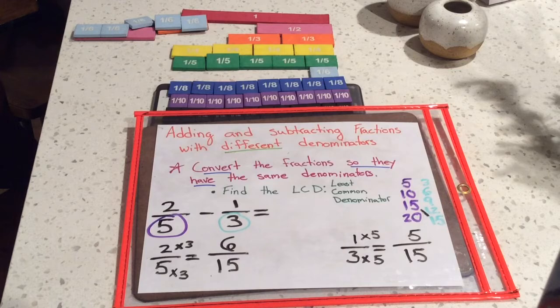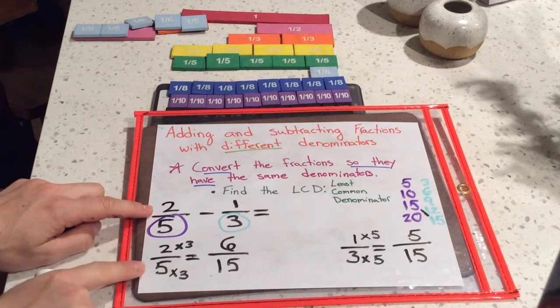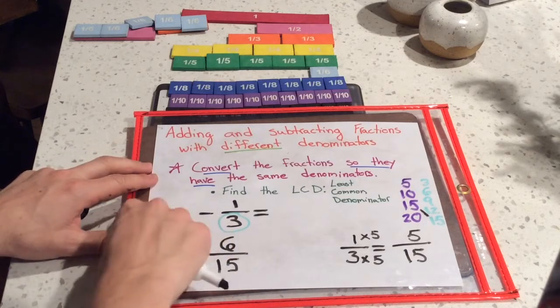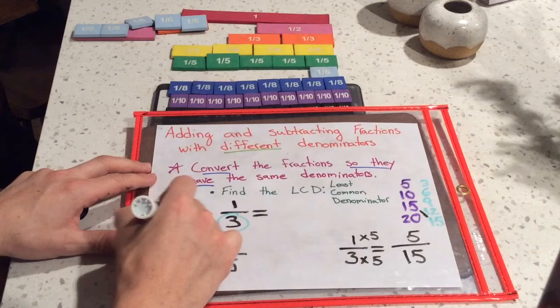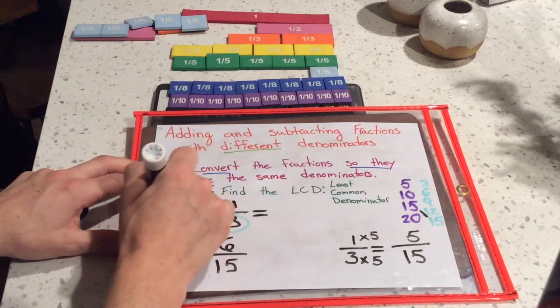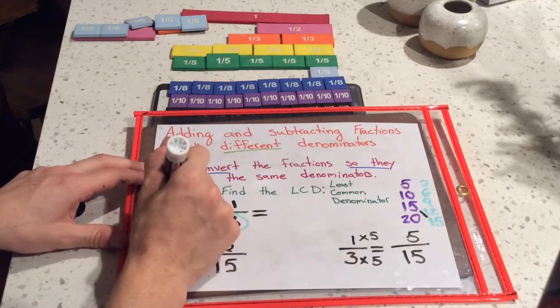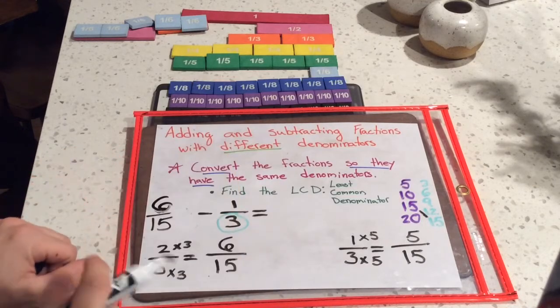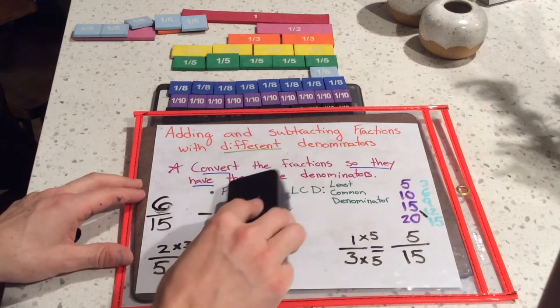Now I'm going to substitute them in my original equation. So instead of writing 2/5, I can write 6/15. That's an even trade. 6/15. Okay. 6 is looking a little funky. There we go. 1/3, I can substitute it for 5/15.